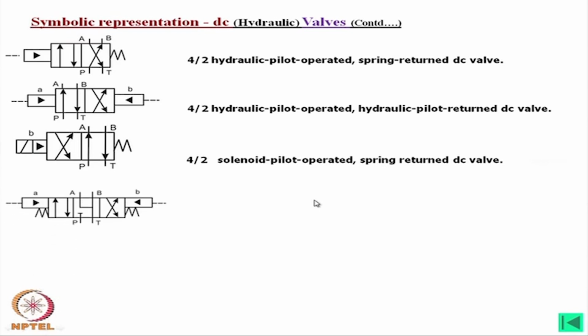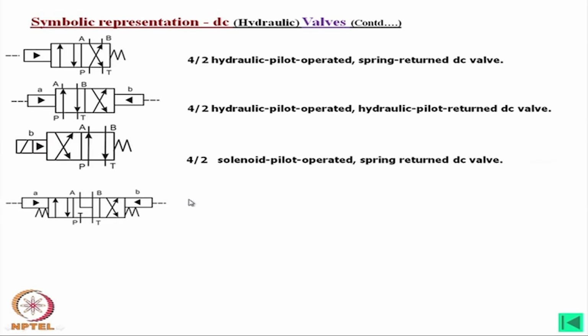Now, if I look into this, this is more complicated. This is definitely 3 position, but there are 4 ports. We find there are springs, and also there is a hydraulic actuation, a hydraulic pilot. So, we can perhaps name it like that.